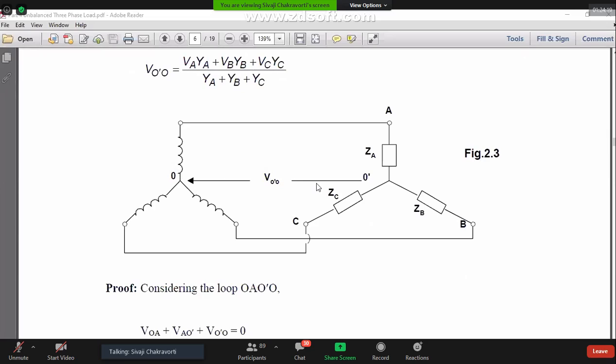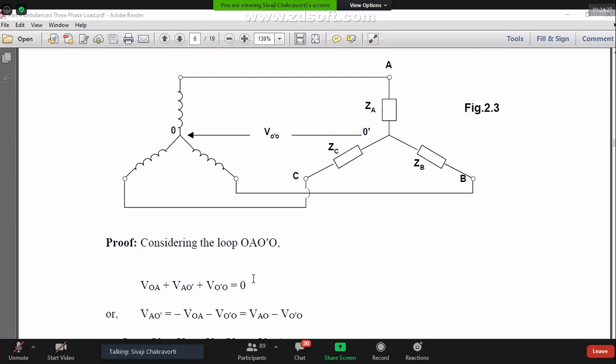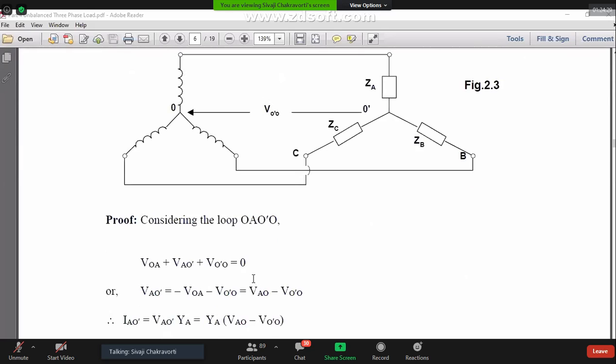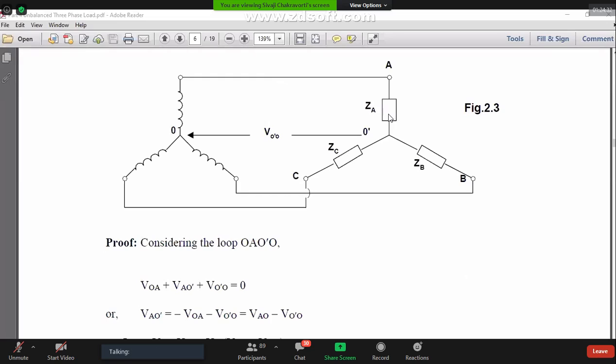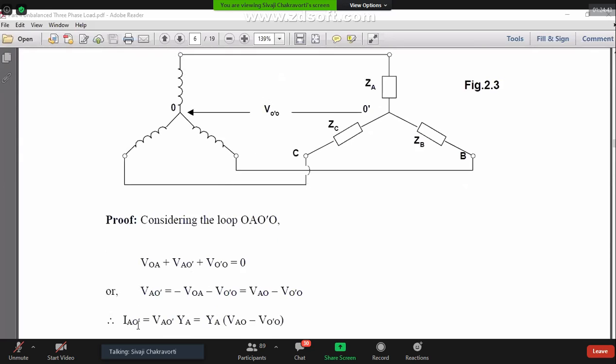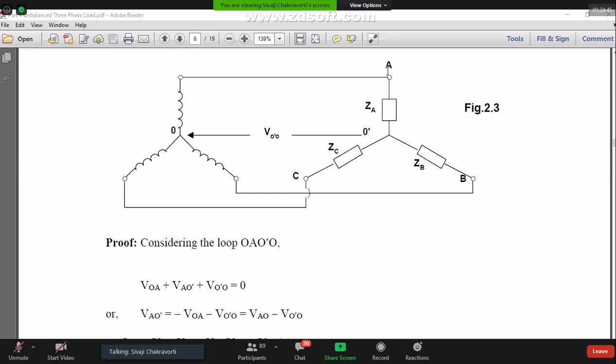Here you see that my source is balanced, load is unbalanced. So the voltage of the source neutral O and the voltage of the load neutral O prime, they are different. And here it is written as V O prime O. That means I am taking the direction from O prime to O. Either way it is possible. That's not a big issue.